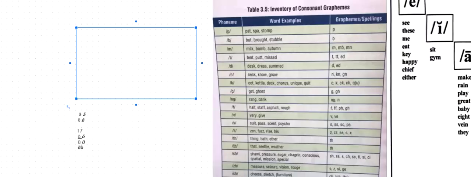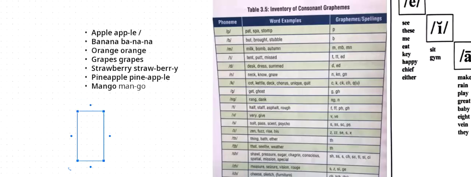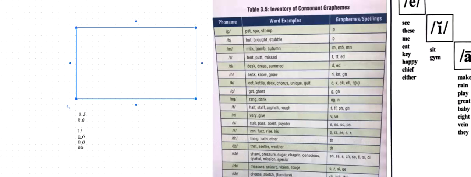Those vowels are sounds we can call phonemes. It's spelled like this, phonemes. So for the word apple, we have the a sound, a. Then we have the p sound, and then the l sound.